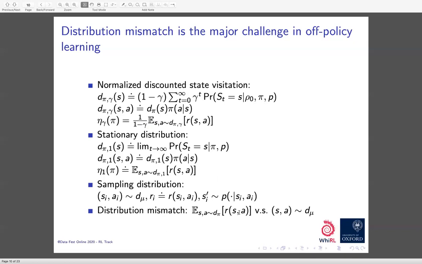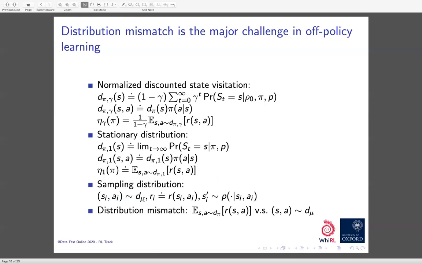But in the off-policy learning setting, our data (s_i, a_i) is sampled from an unknown distribution d mu. Here I use d mu to denote any possible distribution. It can be any distribution of interest. For example, if we have a data set, then this d mu is the distribution of that data set.